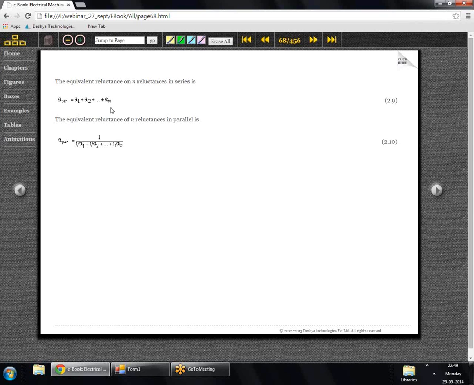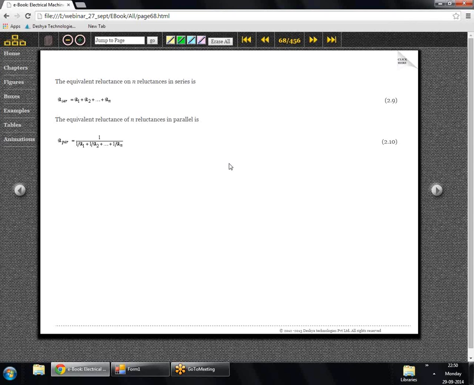Similarly, if we have n reluctances connected in parallel, then the resultant reluctance is given by equation 2.10. If we look at equations 2.9 and 2.10 carefully, we find that this is exactly the same expression that we have for n resistances connected in series or in parallel.